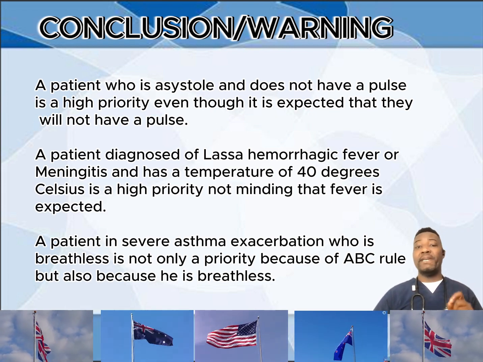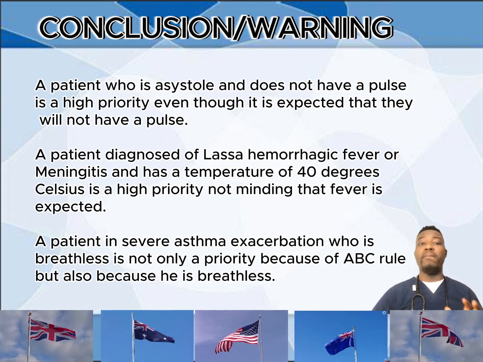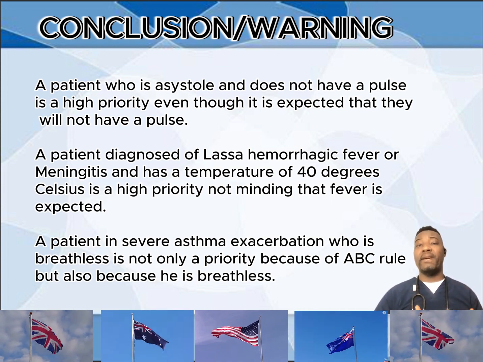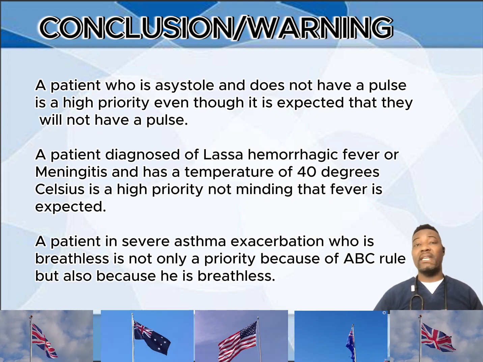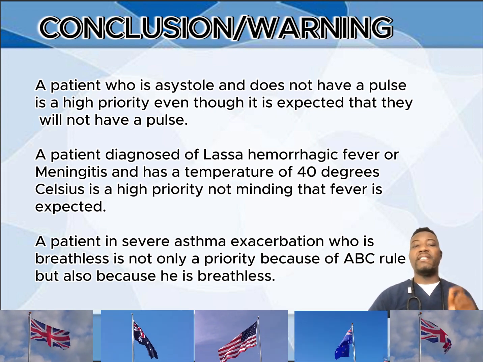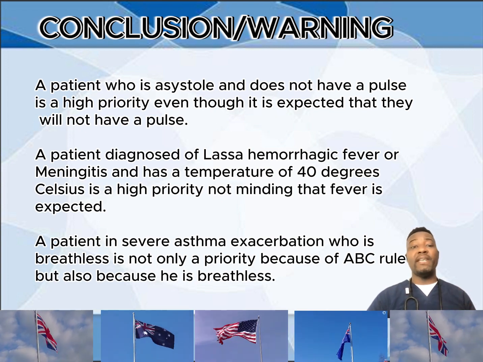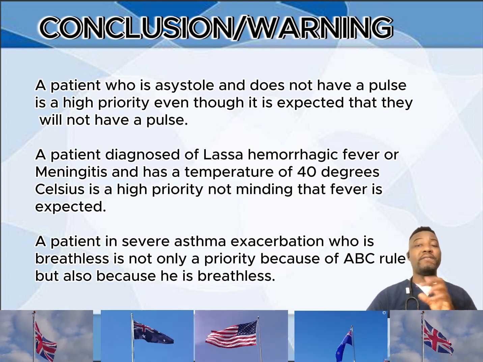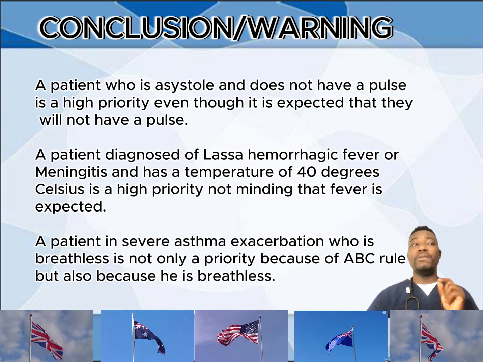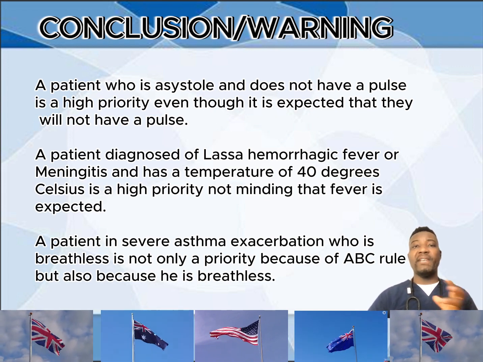Remember too, a patient diagnosed of viral hemorrhagic fever or meningitis and has a temperature of 40 degrees Celsius is a higher priority, not minding that fever is expected in those diseases. Lastly, a patient who is in severe asthma exacerbation and is breathless is not only a priority because of the ABC rule, but a priority because he is breathless. I want you to take this away and don't mix issues.